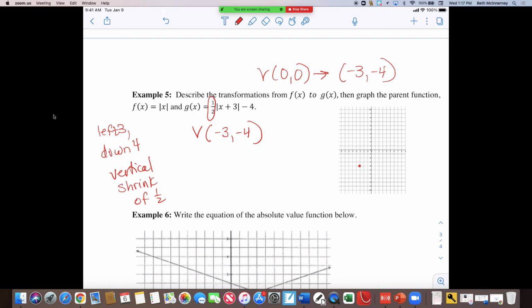And then the a value can act like the slope, or we can do our mapping notation, and we're going to take the x values and move them left 3. We're going to take 1/2 of y and then move it down 4.